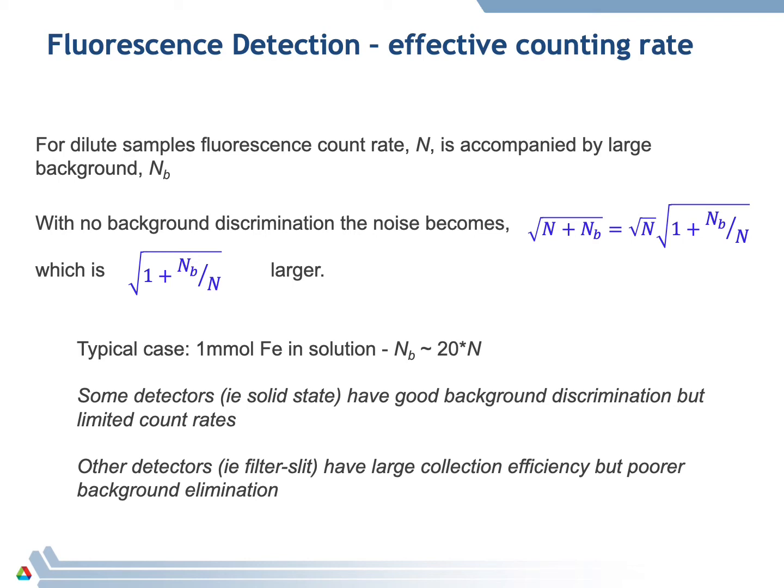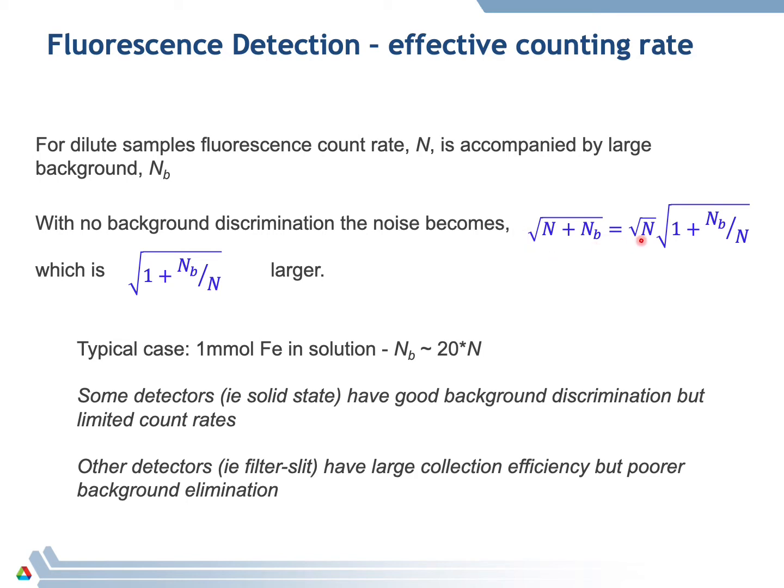So the signal that we're trying to measure is this N, and we have a background, I call it NB for background. If we have a detector that just measures everything and doesn't discriminate between the two signals, the signal to noise will be the square root of that total counts. So that's this square root here.